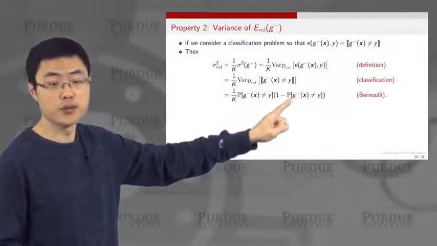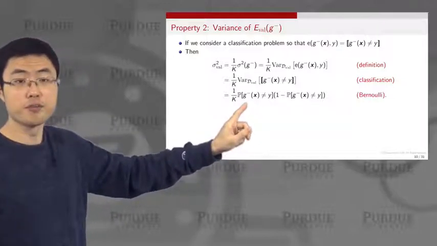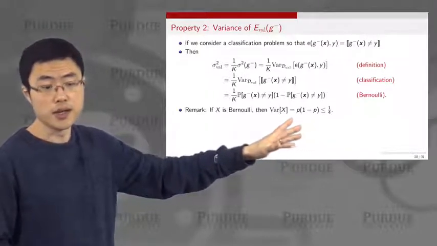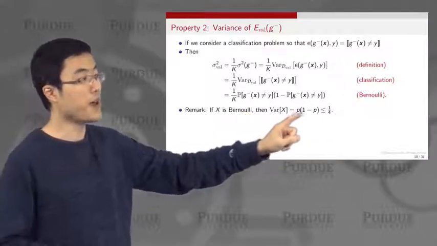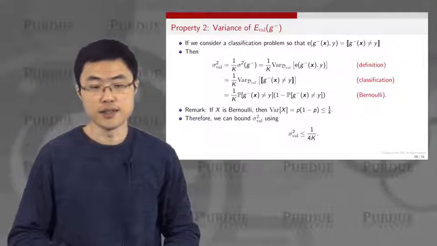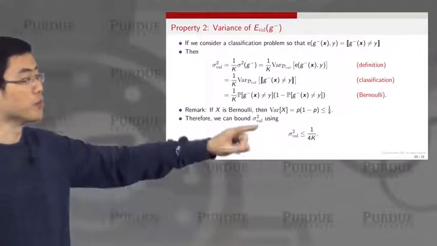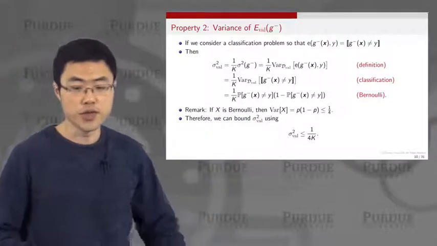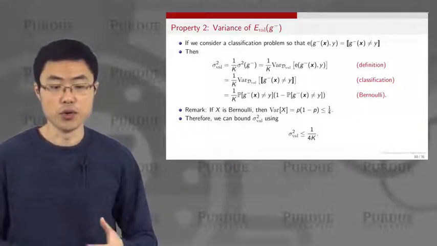In other words, it is a Bernoulli random variable. And then you can calculate its variance. The variance of a Bernoulli random variable is just p times 1 minus p. And so if it's Bernoulli, you can show that the variance is upper bounded by 1 over 4. And therefore, you can bound the variance of the validation error by 1 over 4K. And therefore, as K goes to infinity, you can guarantee that the variance will go to 0.